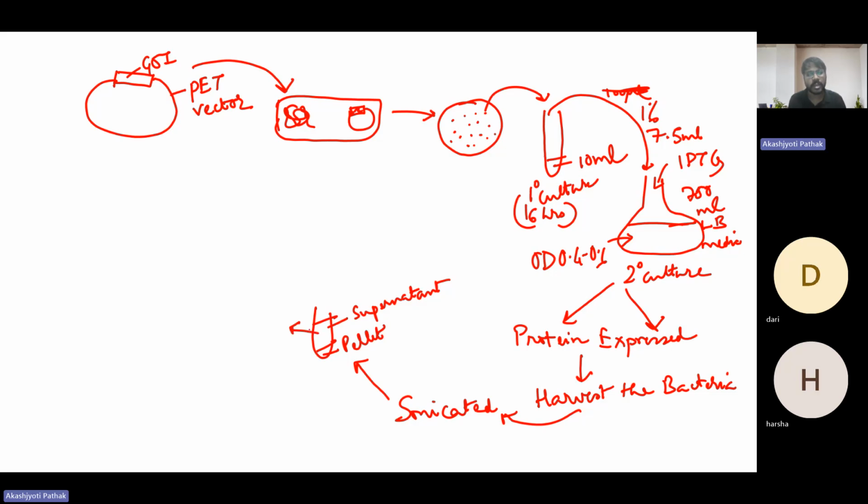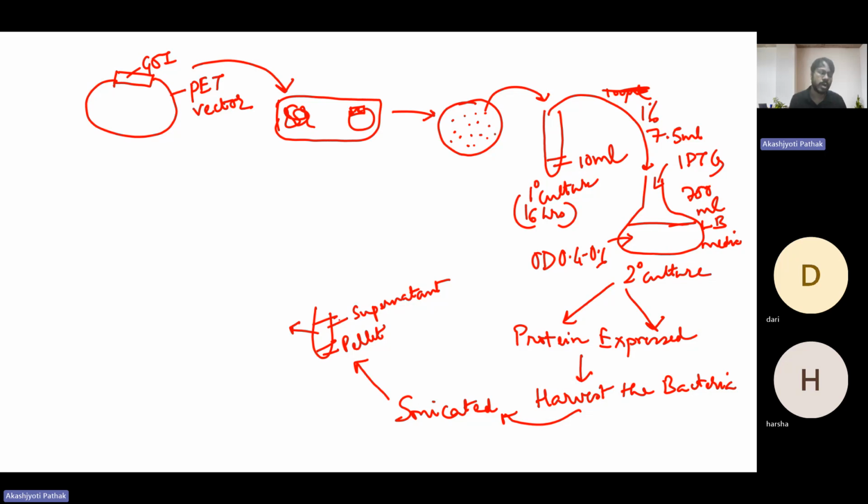So you have to check whether your protein is getting expressed in the inclusion bodies or whether it is soluble and staying in the supernatant. If it is remaining in the supernatant, then purifying that protein is quite easy. But if your protein is present in the inclusion bodies, then there are other steps which you have to follow.